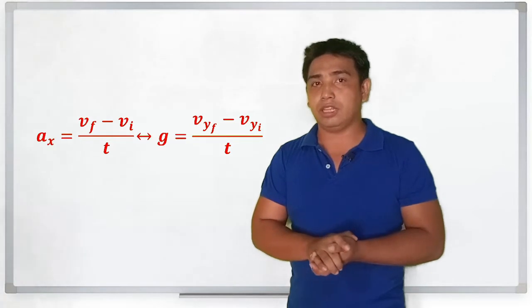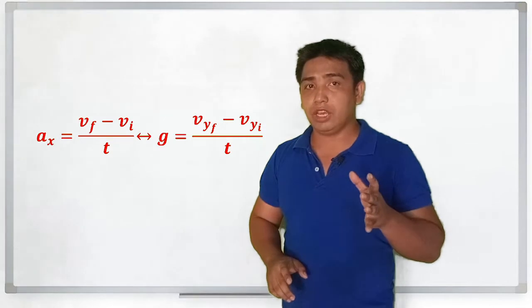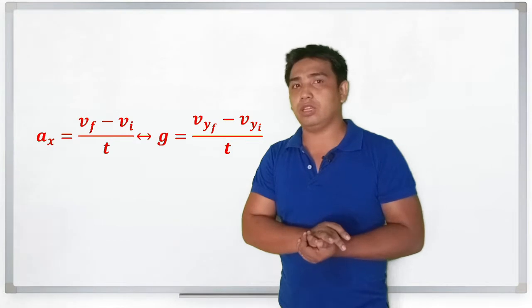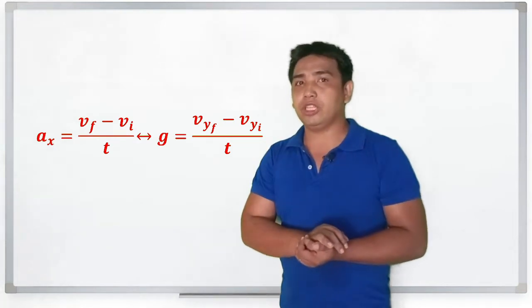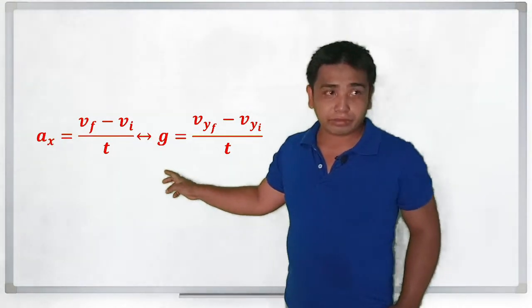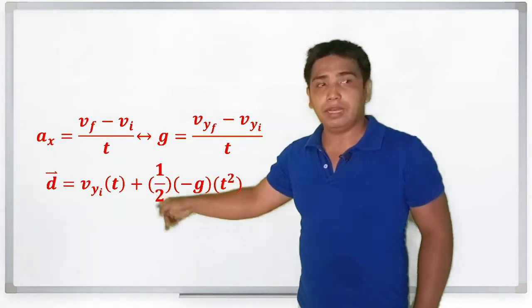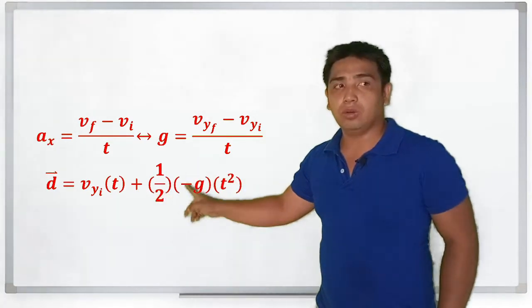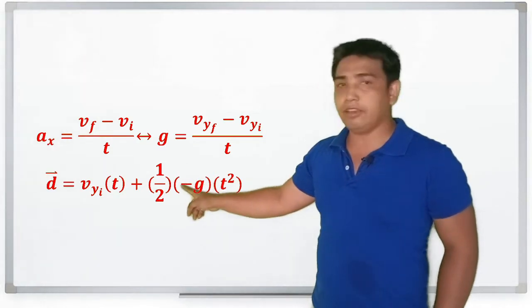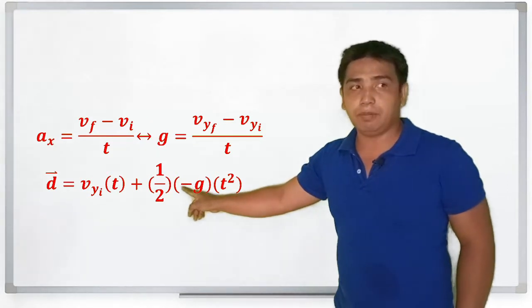You will see that we can modify the equation for displacement that we used in the study of rectilinear motion. If you missed that video, the link is in the description below, and it will serve as your review. Right now we can use d equals vyi times time plus 1/2 times negative g times time squared. Because the acceleration is constant and negative, it is directed downward, with a value of 9.8 meters per second squared.